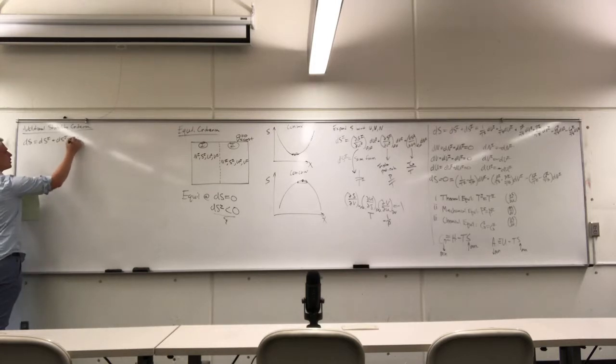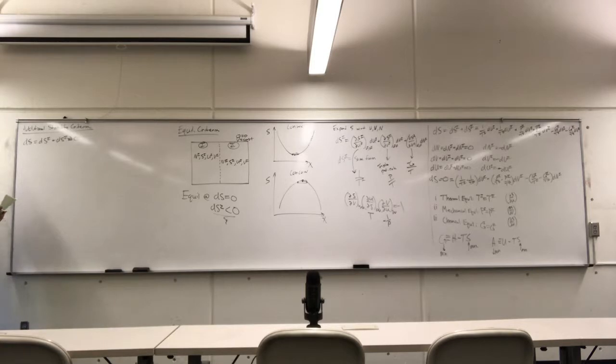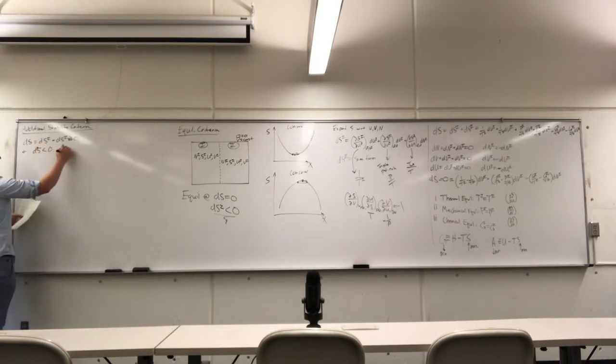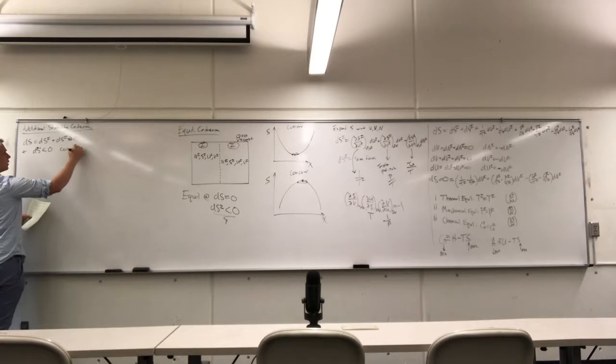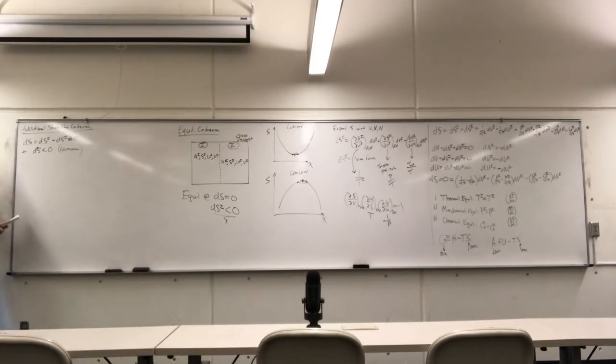For all real systems, though, this is going to be greater than or equal to 0 for any real process. And we also know that entropy is a concave function with respect to all variables.